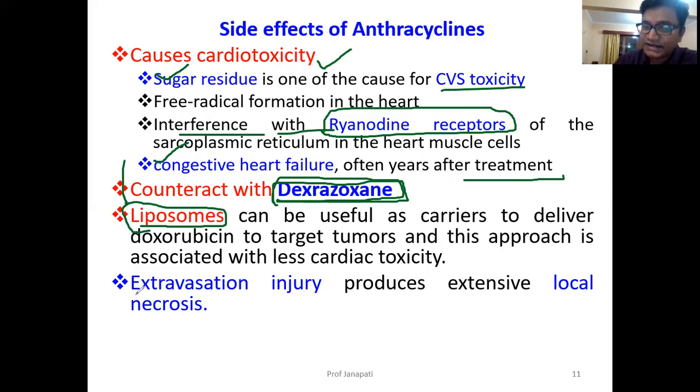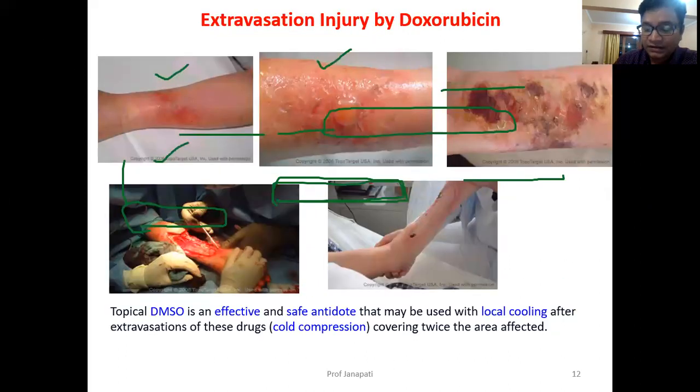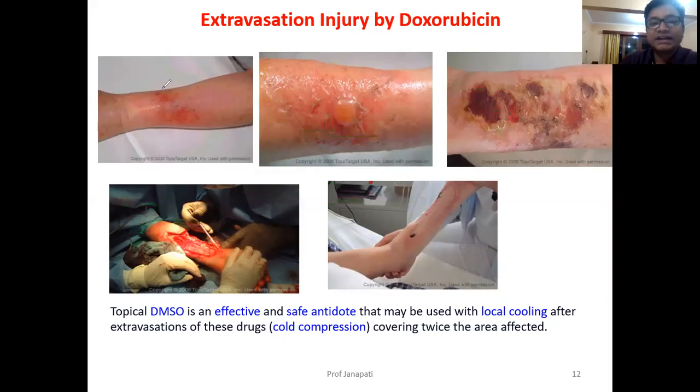One more important side effect is extravasation injury. The drug eats the site of injection. You see, these are the pictures. At the site of injection you can find redness, sometimes even blisters if it is more toxic.